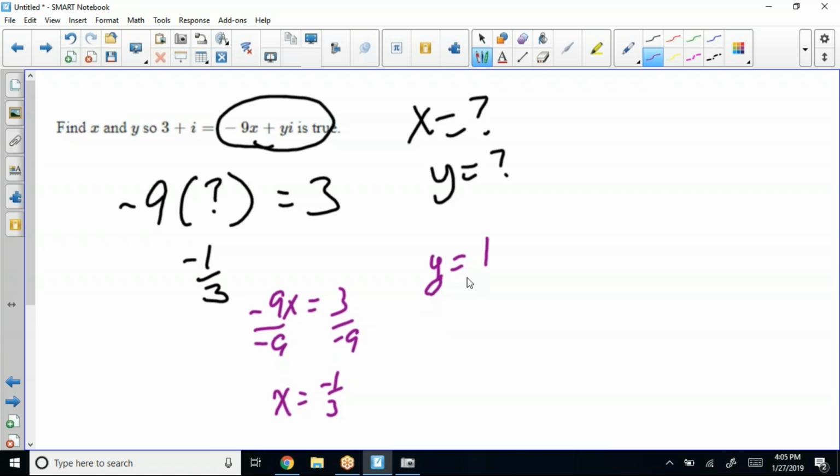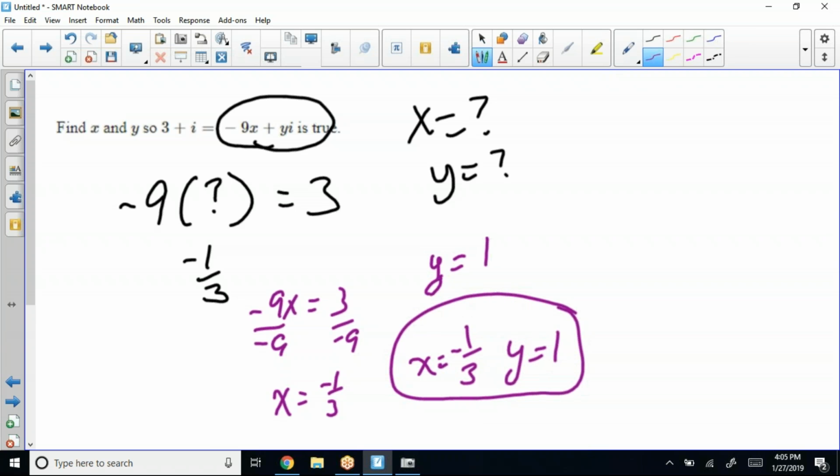So Y is 1. I mean, it's nothing we have to do with that one. So your X would be -1/3 and your Y would be 1, for the one that I just did.